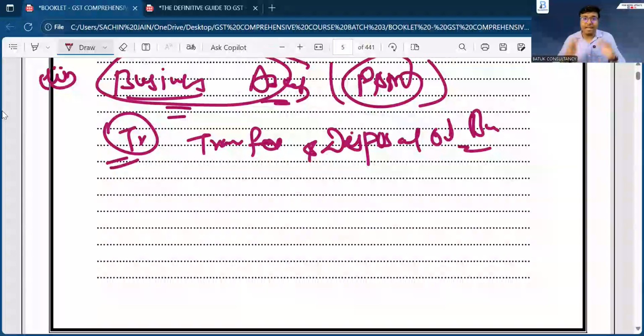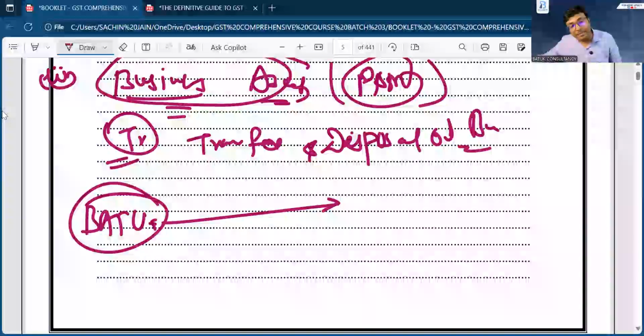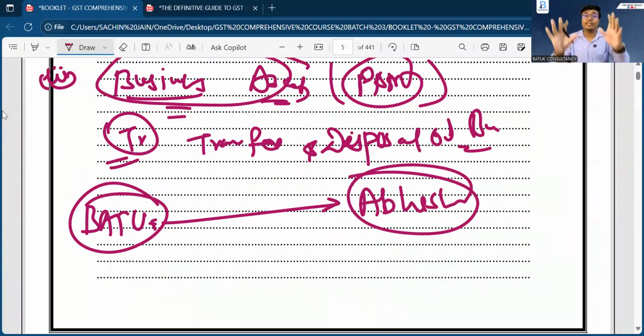But suppose my business, Batuk Consultancy and Networking Private Limited, this is the establishment. This establishment is purchased by Mr. Abhishek. This complete establishment has been bought by Mr. Abhishek as a going concern, and now Abhishek is going to run it.